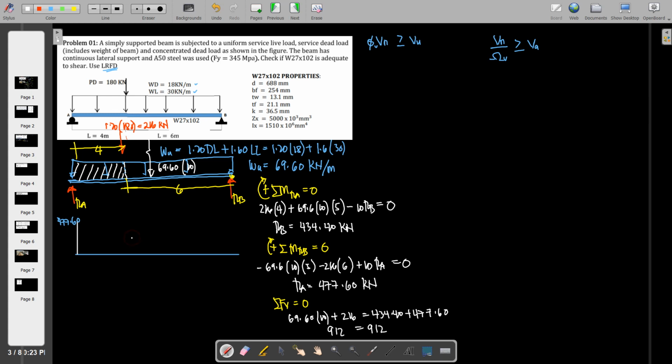We have this point, then we connect that by a straight line. So this is 199.2.